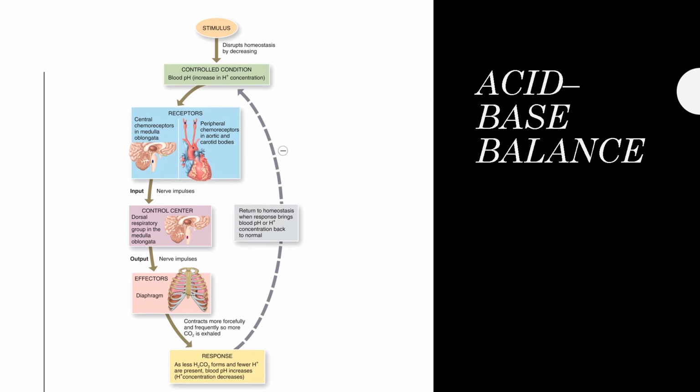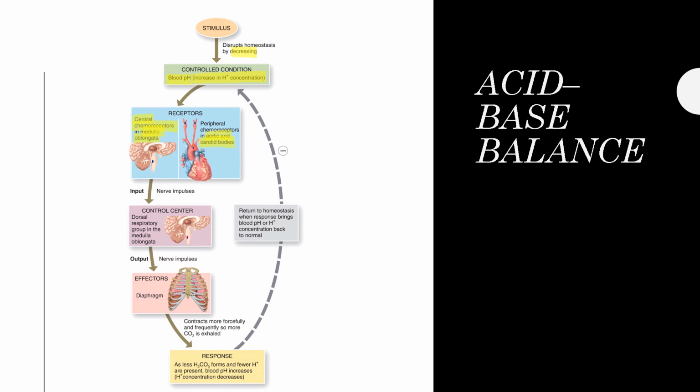Now here we have a negative feedback diagram. It shows the negative feedback mechanism for the regulation of acid-base balance when we exhale carbon dioxide. So at the top here, we have a decrease in blood pH. So this is an increase in hydrogen concentration. Again, that's a more acidic solution. And this is going to be detected by chemoreceptors, both in the medulla oblongata and also in the aortic and carotid bodies.